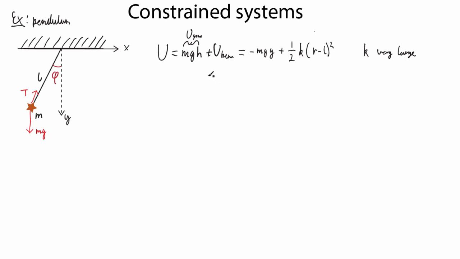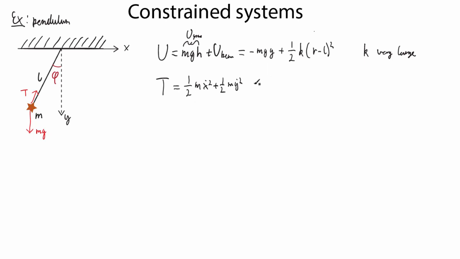In principle, if we want to take into account all the forces, then we'll also need the kinetic energy. That's relatively easy. That's going to be 1/2 m x dot squared plus 1/2 m y dot squared. Okay, and then we can solve this and find out something about the motion of this pendulum.